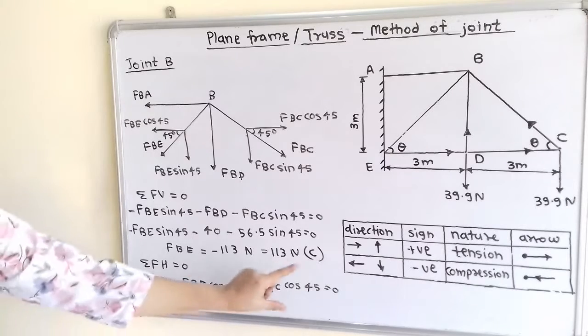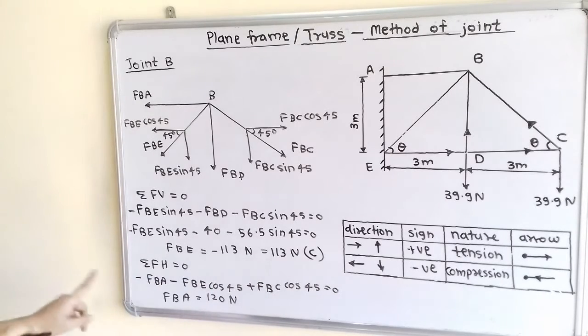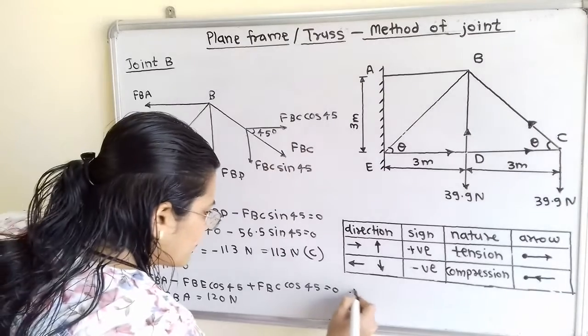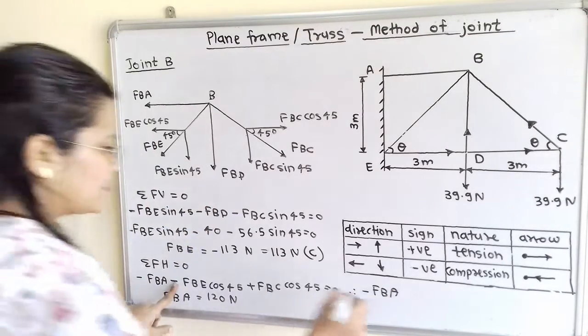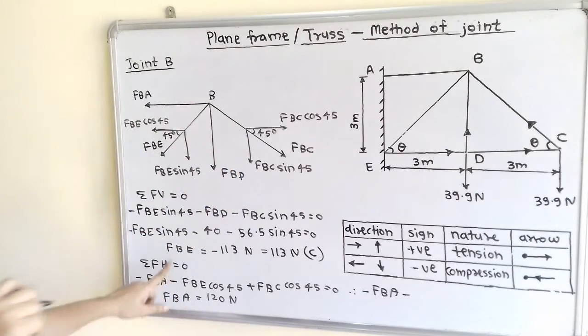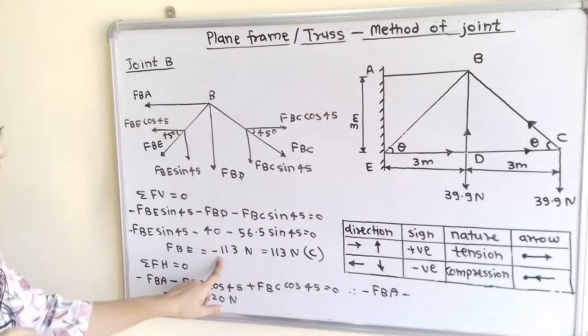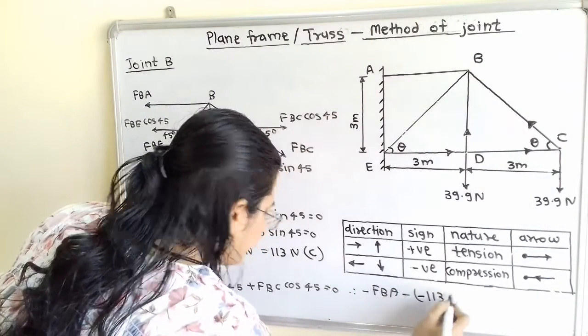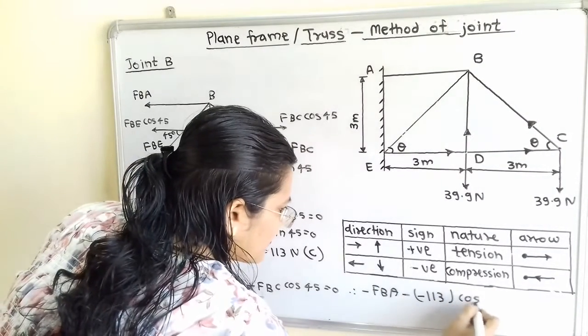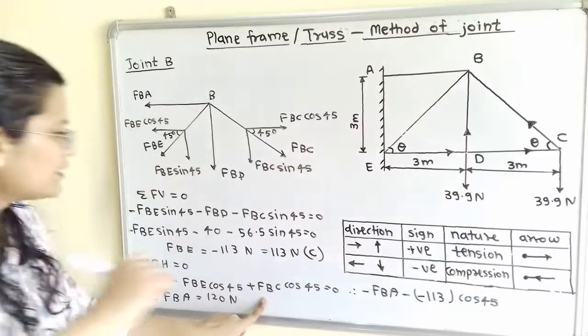So I will rewrite this to avoid confusion. So I will write here therefore minus FBA, that we have to calculate, then minus as it is, and for FBE we will use negative sign, minus 113 cos of 45, and then FBC.